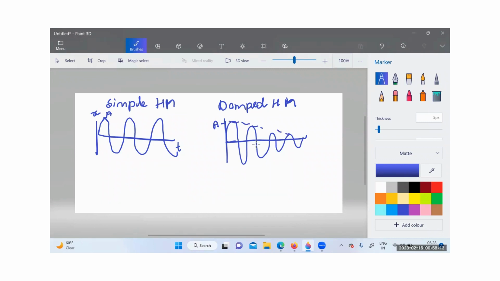If I draw the dotted lines like this, you can see that the amplitude keeps on decreasing during the motion because of the influence of external forces like air resistance or frictional force. That is what is known as damped harmonic motion. These two graphs are important. They might ask you in your MCQs.